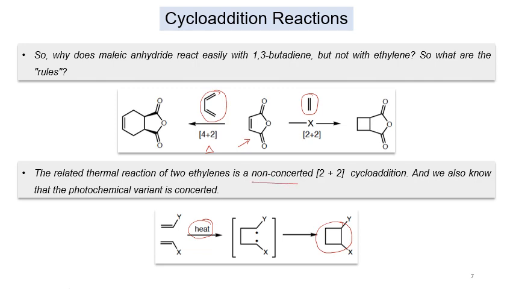So although this is a cycloaddition reaction and it is thermal, it is a non-concerted type of reaction, therefore it cannot be classified as a pericyclic transformation. On the other hand, we know that the photochemical variant, a 2 plus 2 cycloaddition, is a concerted reaction. So that's a pericyclic transformation.